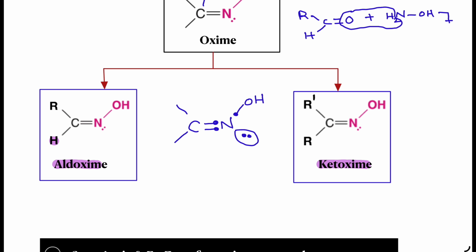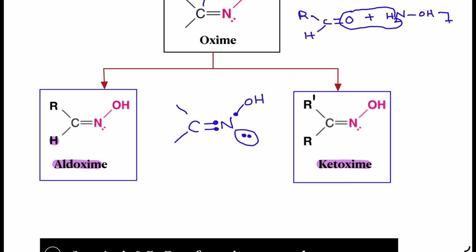And the condition to show geometrical isomerism is very clear. Whenever you are talking about oxime, by default, nitrogen is having two different things. One is OH group, another one is lone pair. So as long as you are saying oxime, these two are fixed in case of nitrogen.